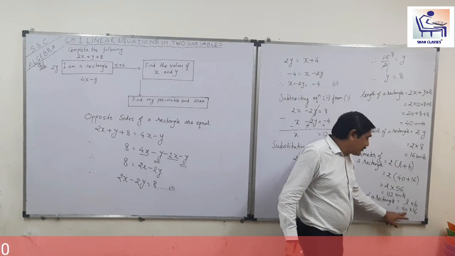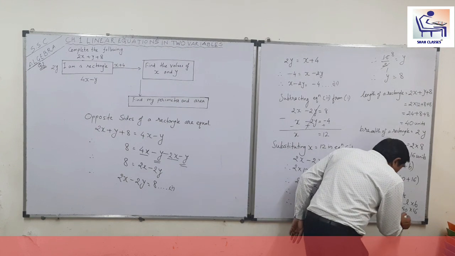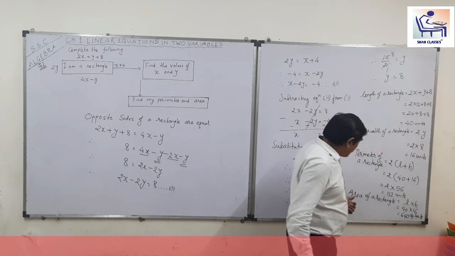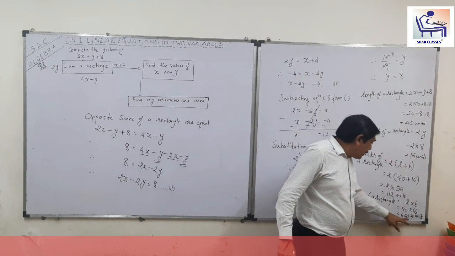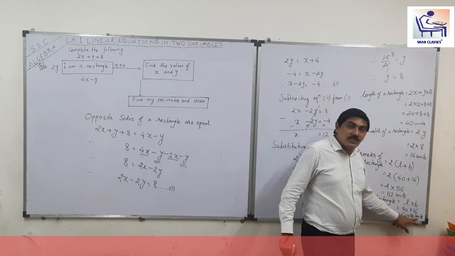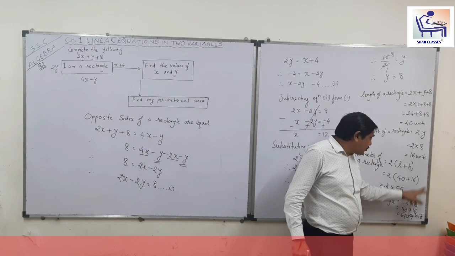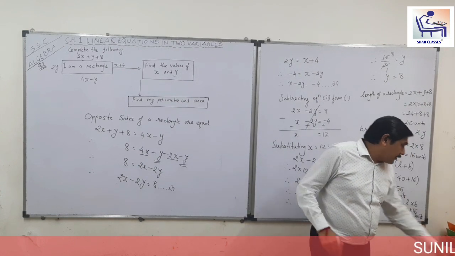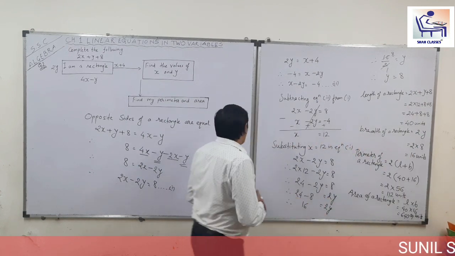Besides that, you have to keep a 0. So 640 square units. Please remember the final answer: this is an area, so we always keep square. Meter, centimeter, nothing is given, so I will use units. So 640 square units. I got all the 4 answers.